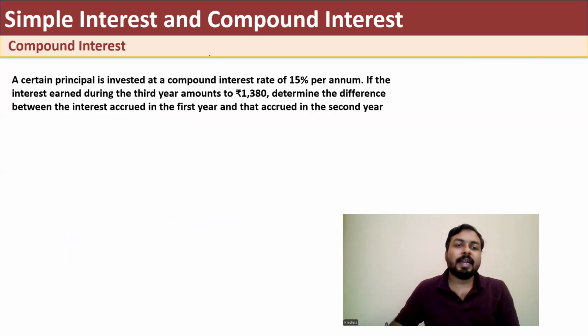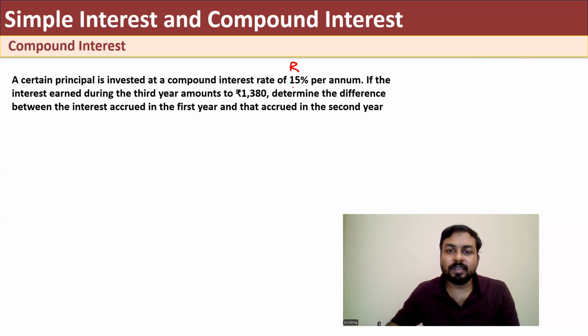The question is that a certain principal is invested at a compound interest rate of 15%. So this is the rate of interest. If the interest earned during the third year amounts to 1380 rupees, determine the difference between the interest accrued in the second year and that accrued in the first year.